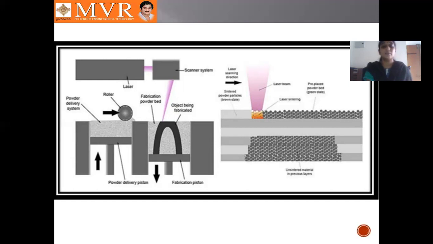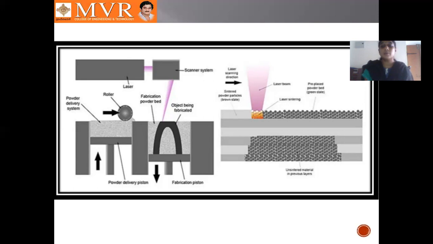And this fabrication powder bed will be powdered throughout the system, and how the laser beam scanning system works: the laser beam direction is given electrically. Okay, and this sintering makes it very easy to form the materials. The sintered powder particles are fabricated from the powder materials.